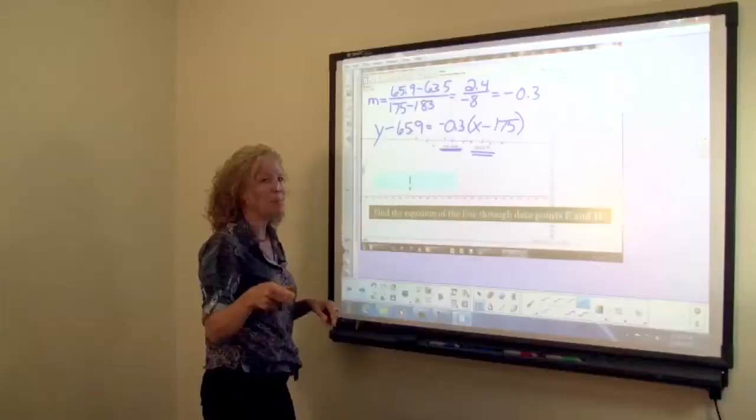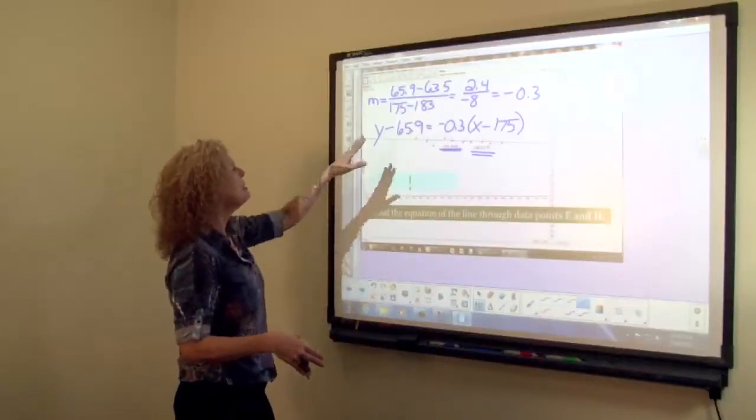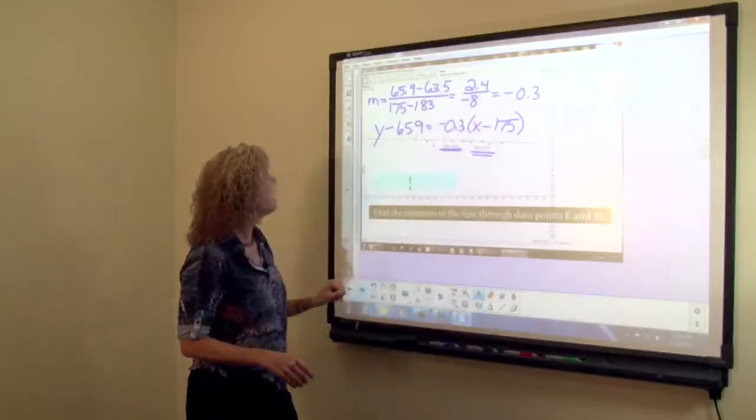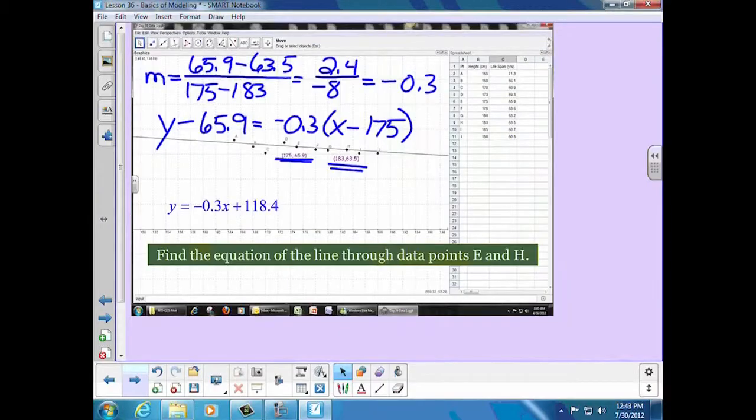Now this is the point slope, and some of you don't necessarily like that. You would go a different route. But then I can distribute and clean this up, and the equation that I get in slope-intercept form is y is equal to negative 0.3x plus 118.4.